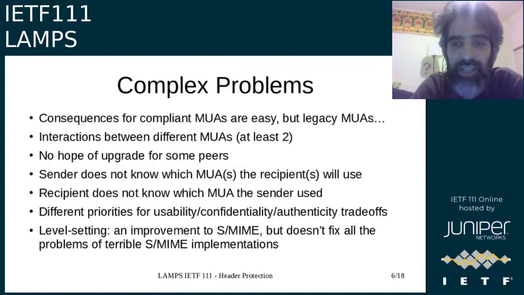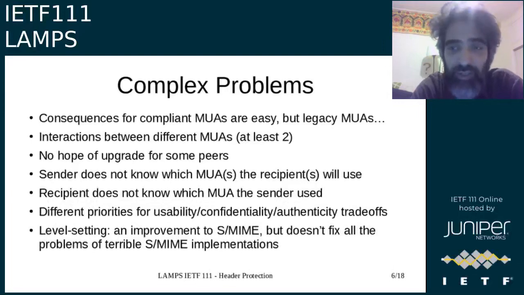So one of them is that every message is an interaction between at least two different user agents. Some people have to check their mail in multiple places, and so it's difficult to know for a given message when it's being generated. There's no live negotiation between the mail user agents. So that's a challenge. Some of the mail user agents that are involved will not be upgradable.